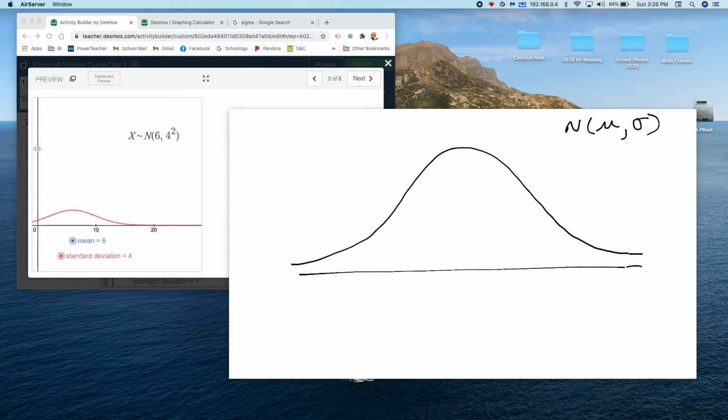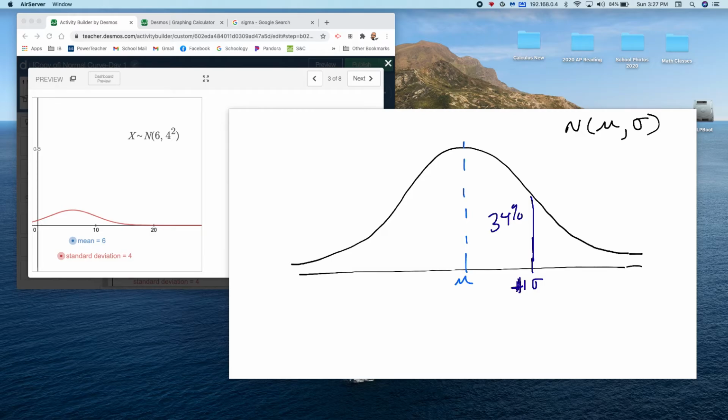So a couple things that you know on this. The mean goes right here, and that splits it right down the middle. Now, if we go one standard deviation away, plus one standard deviation from the mean, we end up getting 34% of the data right there.